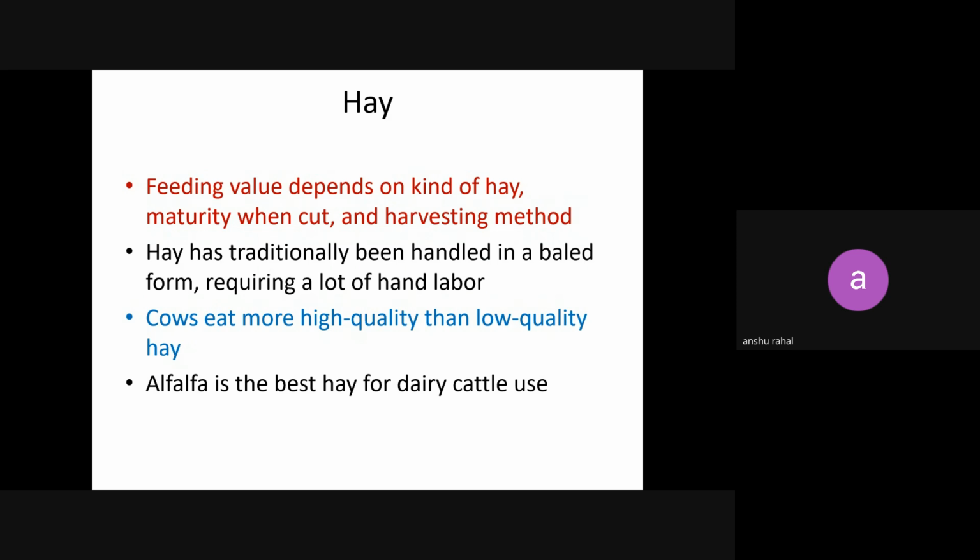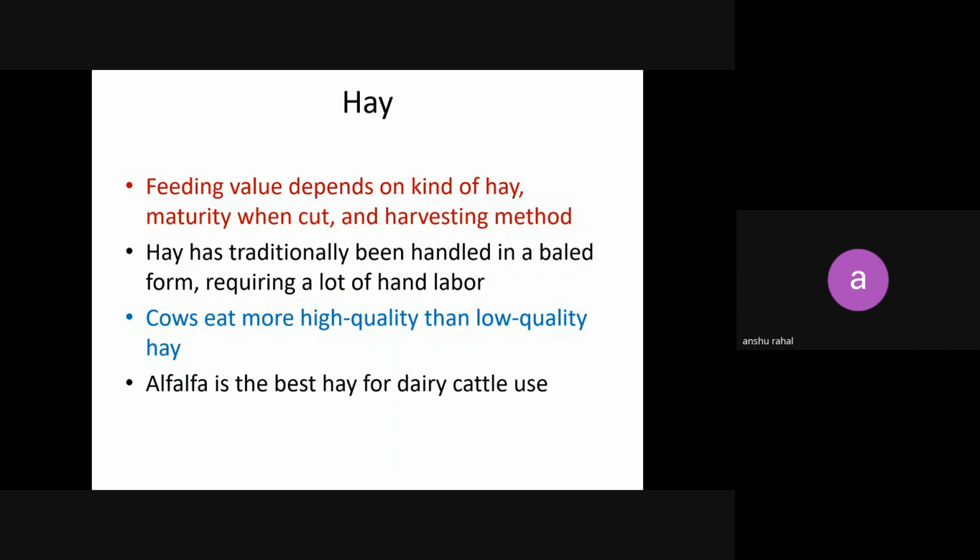Then the hay, it is also a fodder, and this fodder quality mainly depends upon the stage at which you are cutting. In order to prepare the hay, usually we take thin stemmed crops so that they can dry easily.